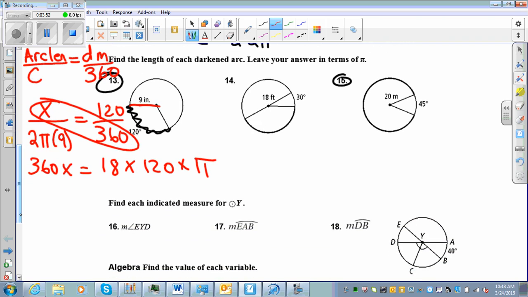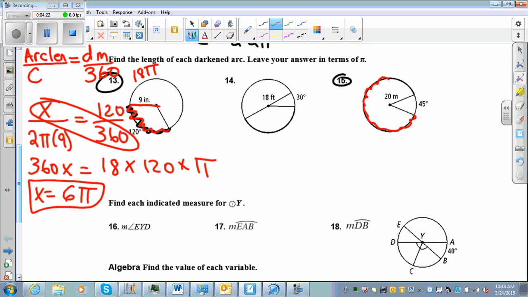And when you multiply 18 times 120, whatever answer you get divided by 360, at the end you'll get 6 pi. X would be 6 pi as the answer. So we know the whole circumference is 18 pi, but this portion is 6 pi.